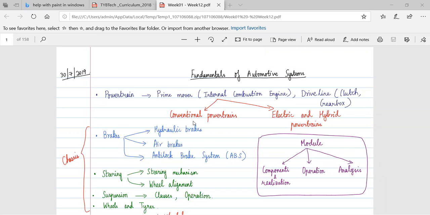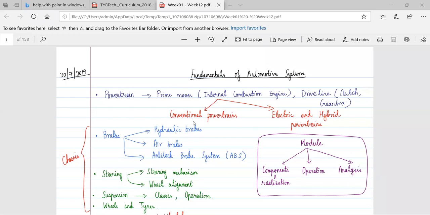We have different segments: petrol engine car, diesel engine car. We have gasoline, meaning CNG, and LPG types of cars. Then we have hybrid cars, where once they achieve steady state, the drive is taken over by electric motors, and those types of cars are called hybrid cars.